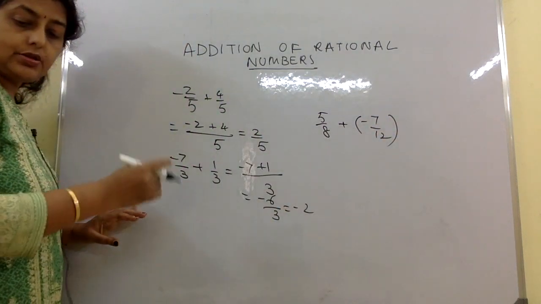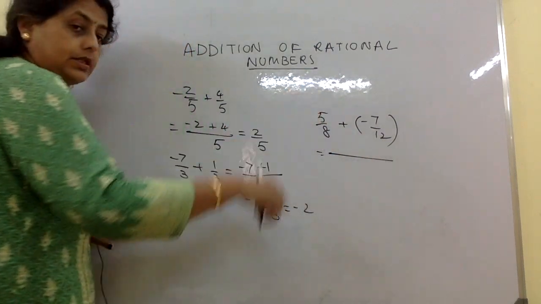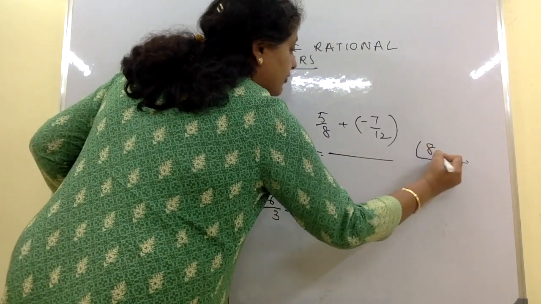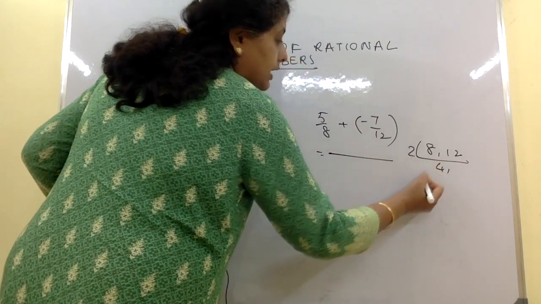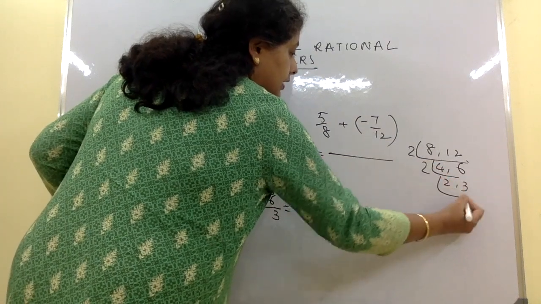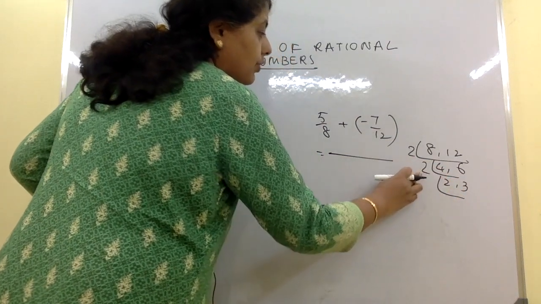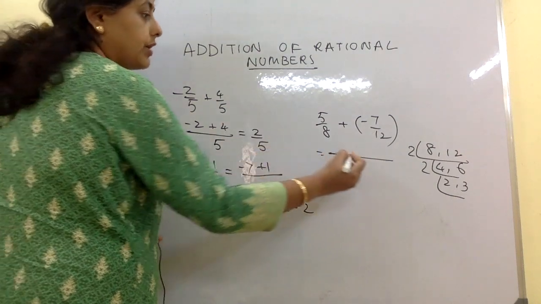Now you note that the denominators are not the same. So what to do? What is the LCM of 8 and 12? The LCM of 8 and 12 is 2, 4 and then 6, 2, 2 and 3. So it is 4 into 6, that is 24.